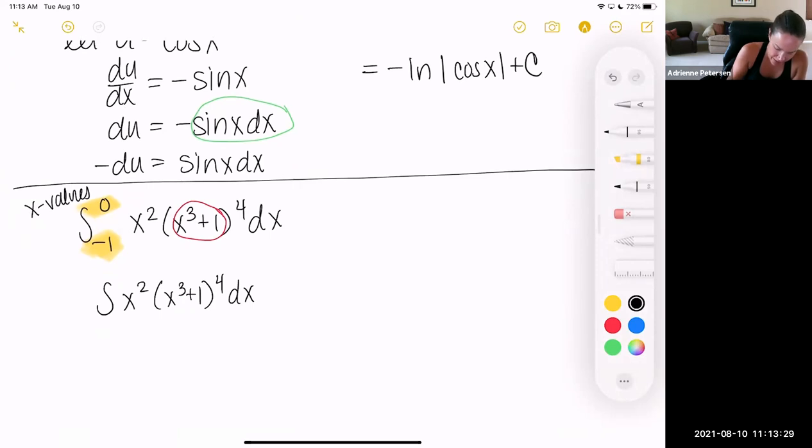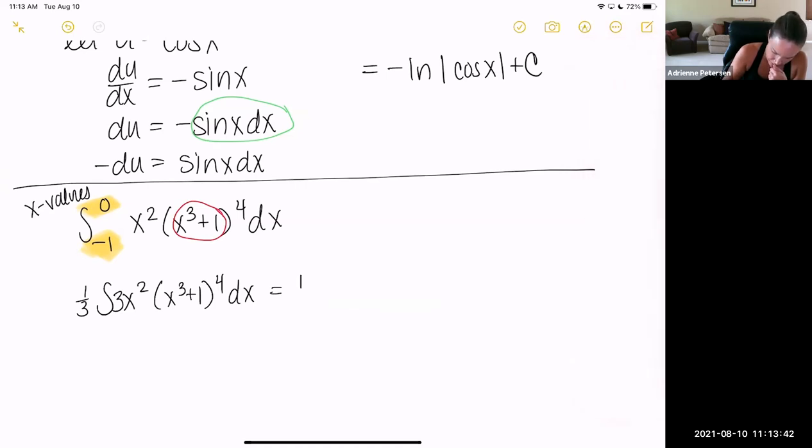And if I let u be x cubed plus 1, I need a 3x squared, so I'll do my shortcut. And so what do I have? 1/3 times the integral of u to the 4th du.